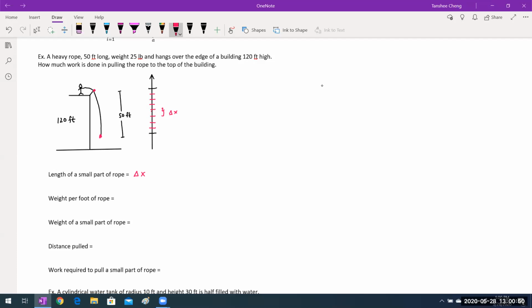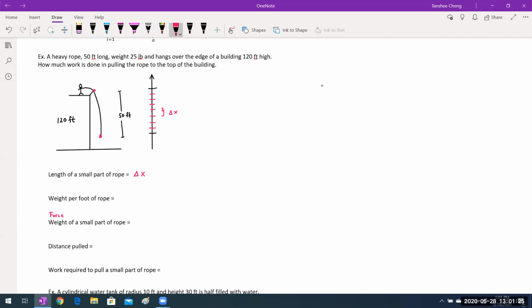Next, we want to talk about the weight of this little portion, because the weight can be interpreted as the force. To find the weight of this little portion, we first need to know the weight of the entire rope per foot.